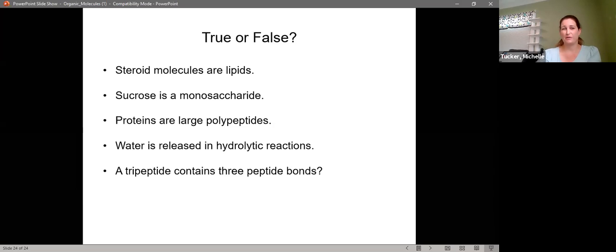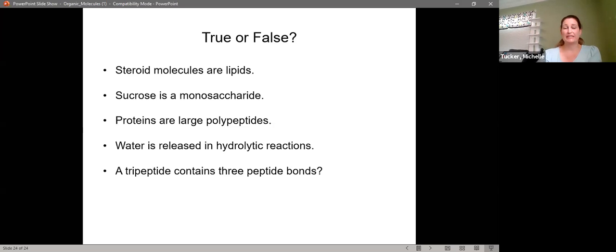Sucrose is a monosaccharide. False. It is a what? That's right, it's a disaccharide. Proteins are large polypeptides. Just guess on this one. It is true, that is correct.